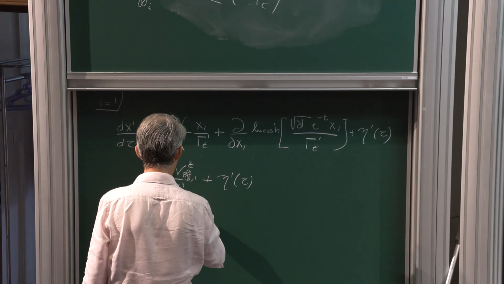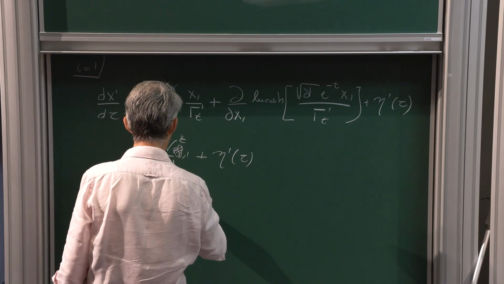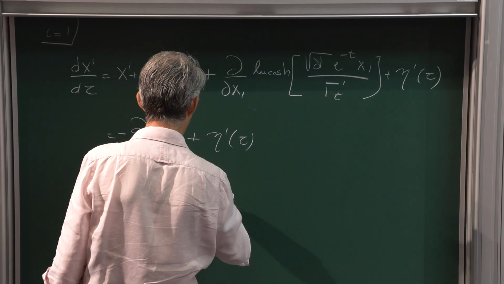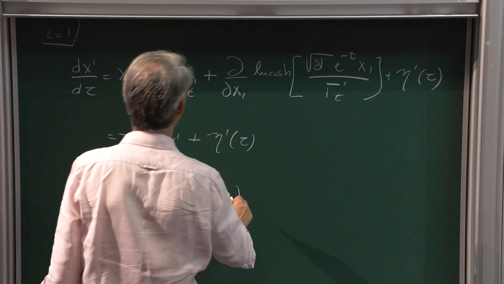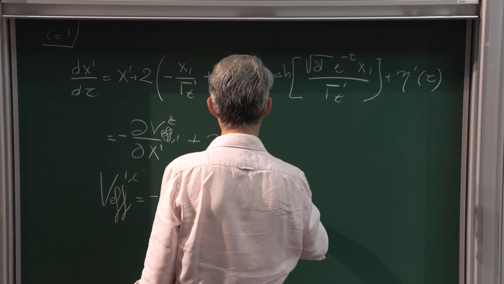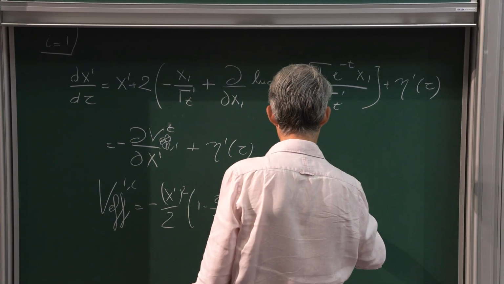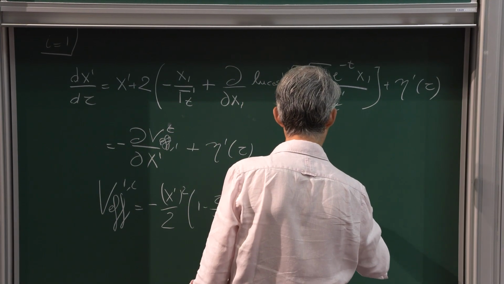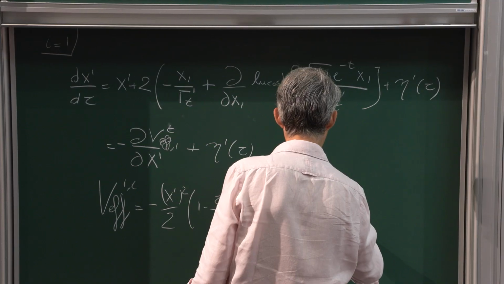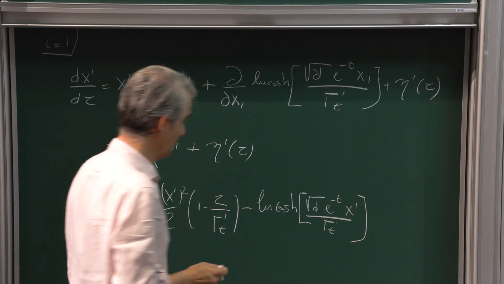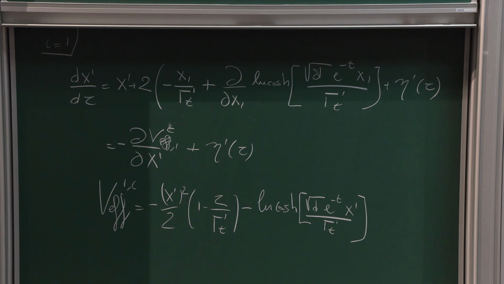So it's minus x1 squared divided by 2, (1 minus 2Γ1(t)). And then we have the term which is minus log cosh of square root of d exponential minus t x1 over Γ1 of t. Okay. So now we have reduced the problem to something about which we can have a lot of intuition.